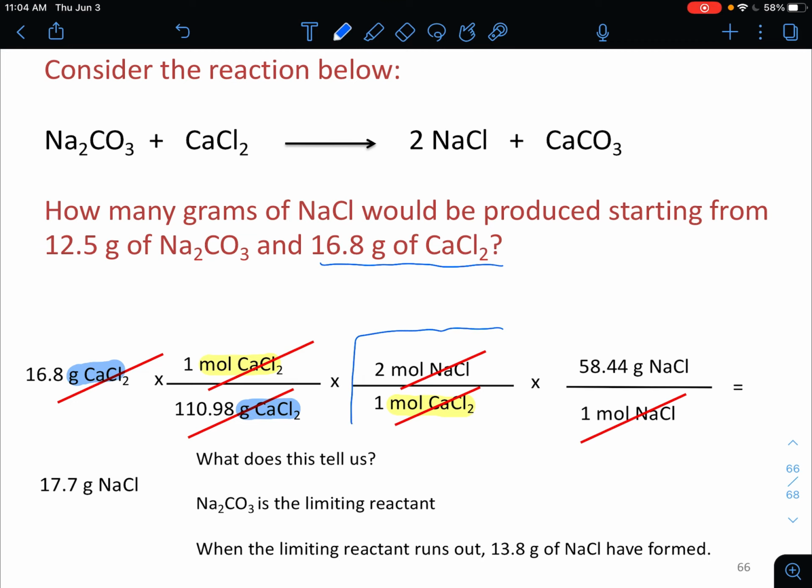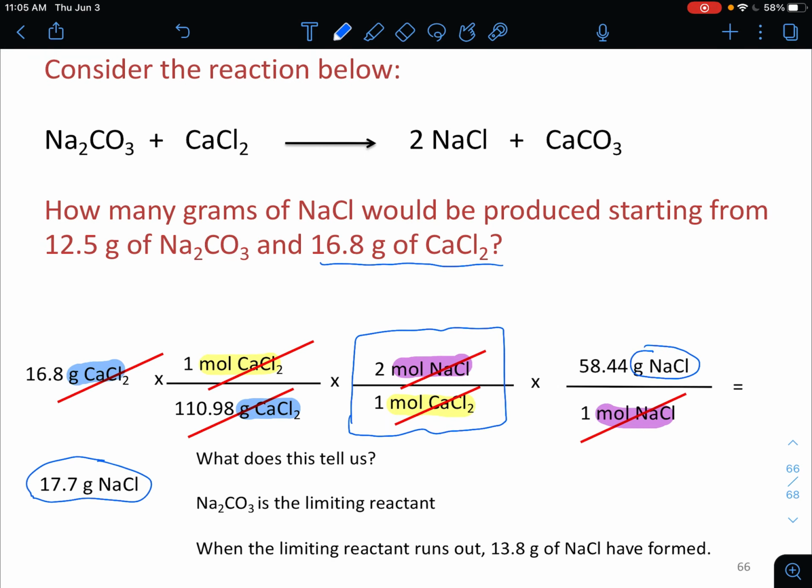Again, here's my conversion factor, 1 mole of reactant in, 2 moles of product out, and then moles of product cancel with moles of product. The units we're left with are the correct units. When we do this calculation, we get 17.7 grams of sodium chloride. So now we know 16.8 grams calcium chloride gives 17.7 grams sodium chloride.